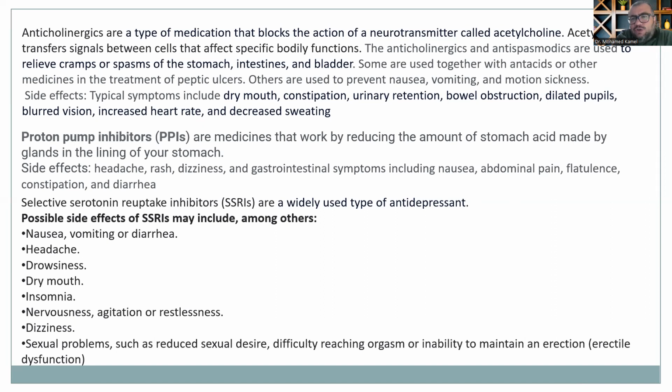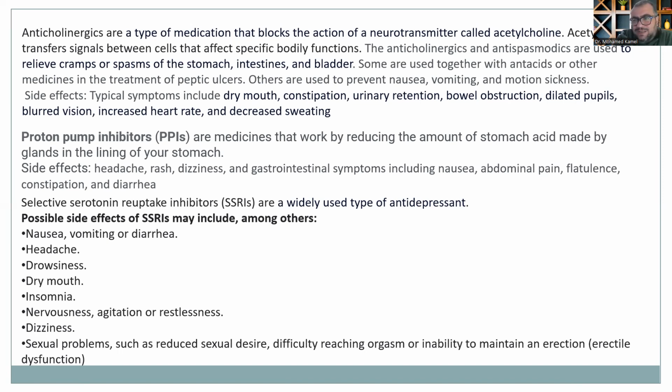Anticholinergics and antispasmodics are used to relieve cramps or spasms of the stomach, intestines, and bladder. Some are used together with antacids or other medicines in the treatment of peptic ulcer as well. Others are used to prevent nausea, vomiting, and motion sickness.